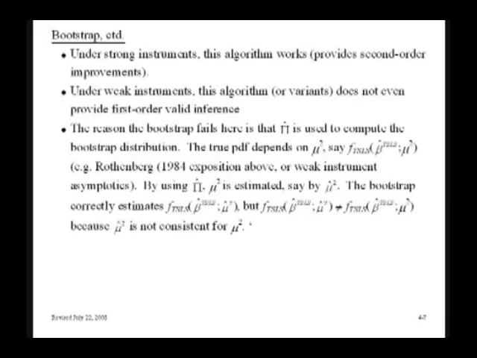One way to say the reason it doesn't work is that for this bootstrap to work, you would need pi hat to be consistently estimated. But under weak instrument asymptotics, pi hat isn't consistently estimated. Here's one way to say it. You get the pi hat in the data, and pi hat in the data is going to imply a non-centrality parameter mu hat based on the estimated pi hat.